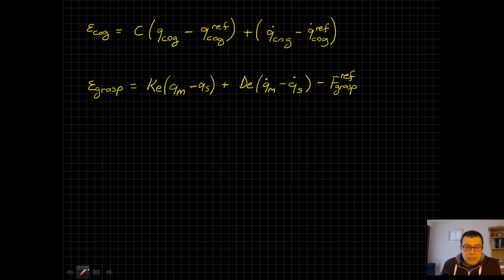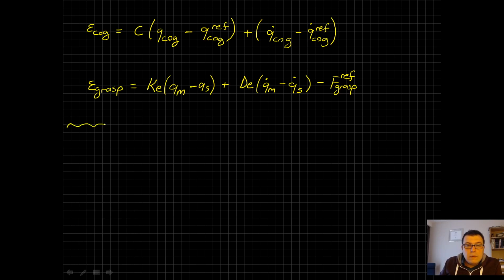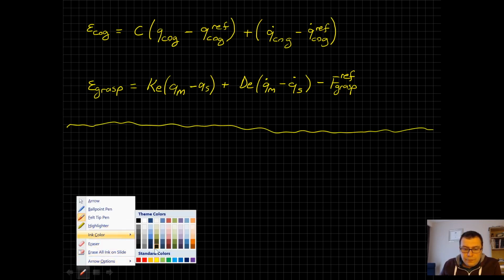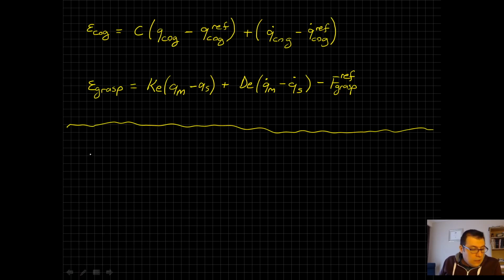I'll here change the color. Actually, let me put a line here, and we will move to vector and matrix algebra. Well, let's continue with, let's say, this color. I like this color actually.